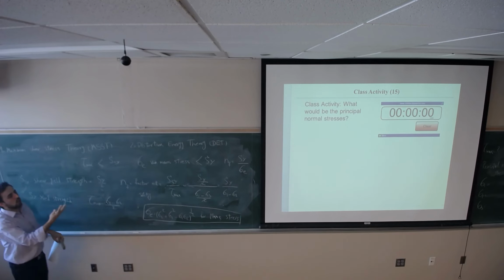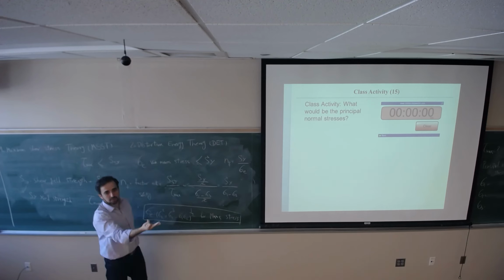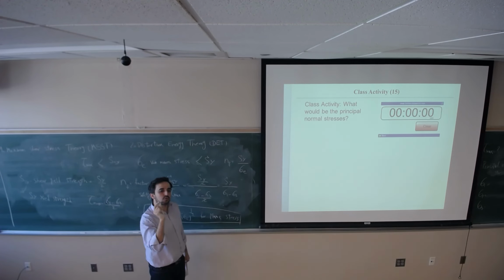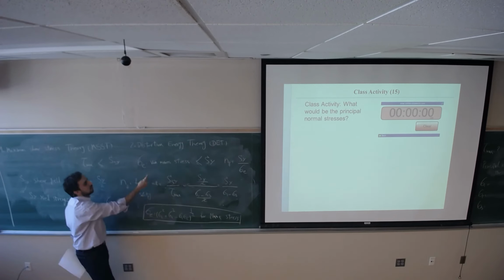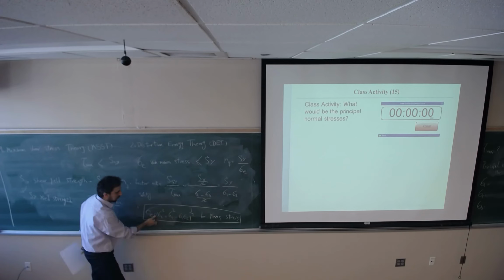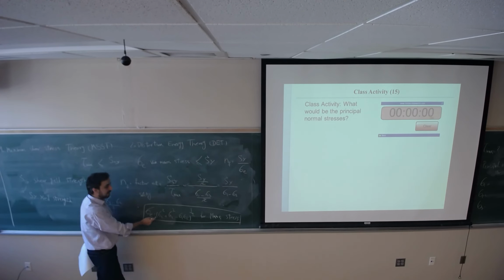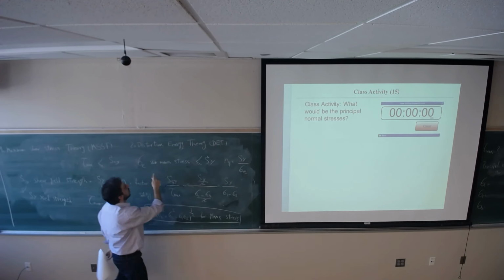The point is, we have principal normal stresses, sigma 1, sigma 2, sigma 3. But we only need one value to compare with SY. So this theory is going to help us to define one value which is coming from this equation, and then compare that value, which is the von Mises stress, with SY. So we just define that.